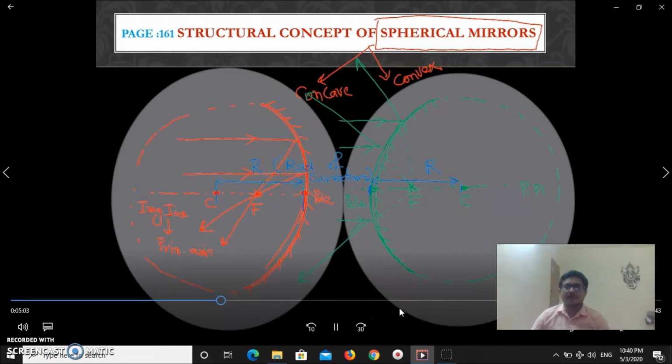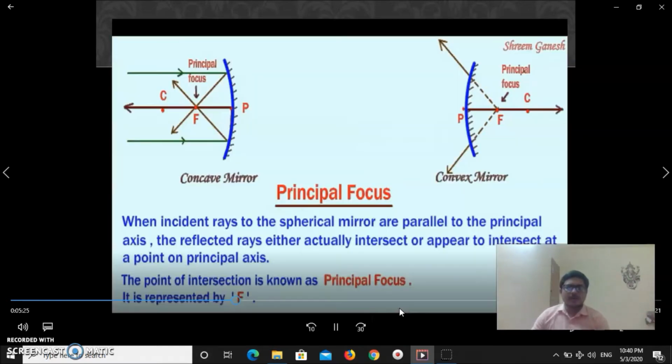For both concave and convex mirror, pole to center distance is denoted by R. Pole to focal point is denoted by small f, called focus distance or focal length. Later we will discuss sign conventions, R, f, all these things.